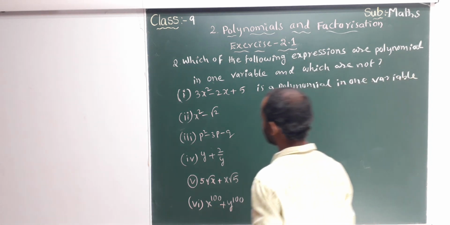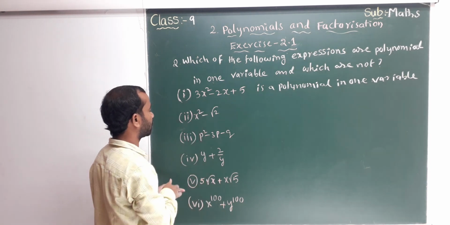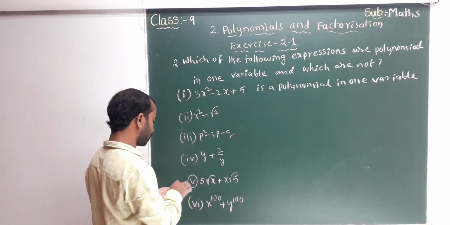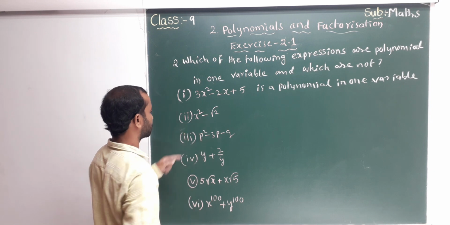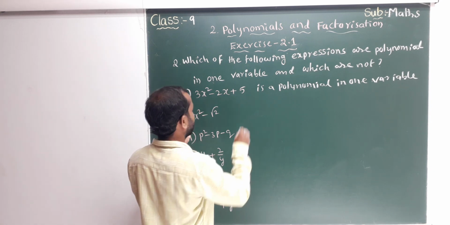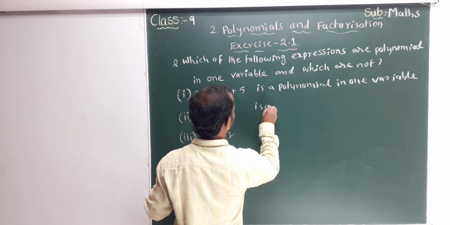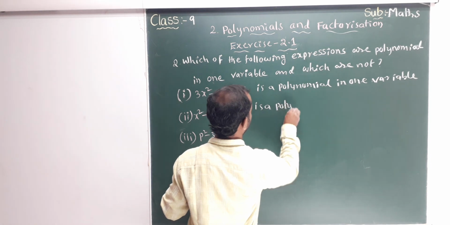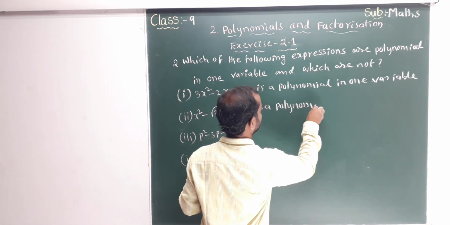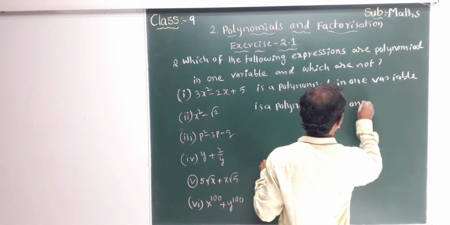Next, second problem: x square minus root 2. Here also the variable is x. The variable power is a positive integer. So x square minus root 2 is a polynomial in one variable.